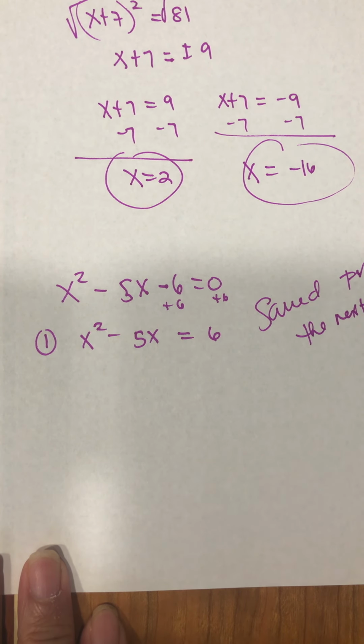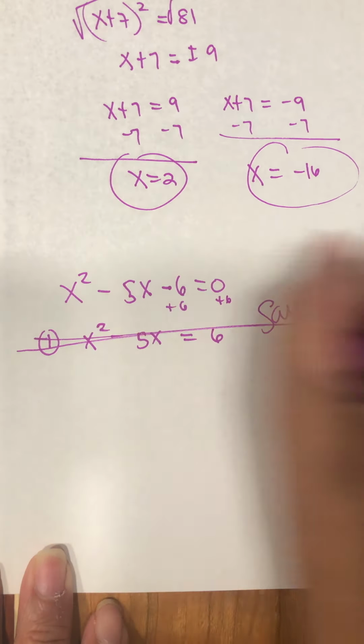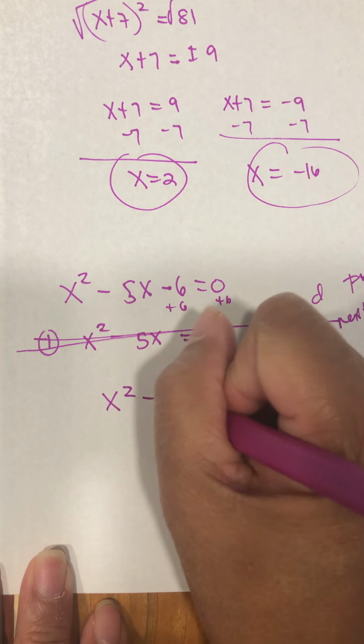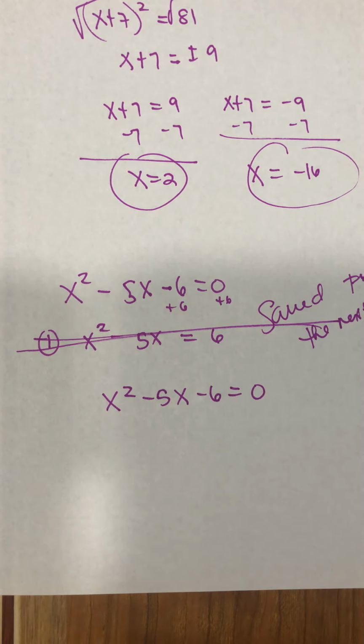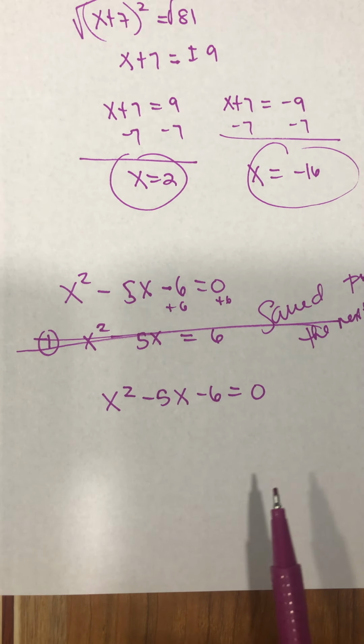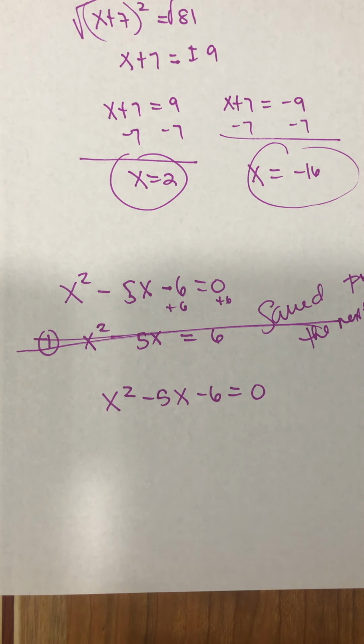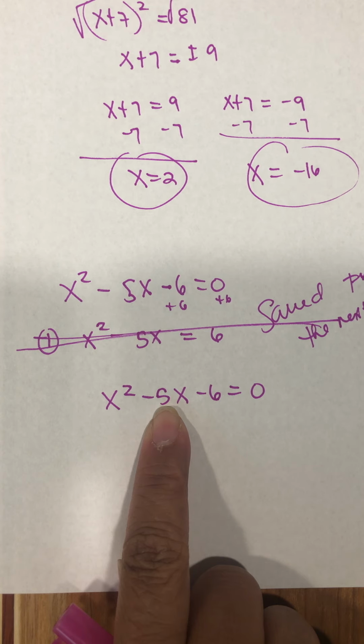Oh, wait. You know what? We can even use the first strategy on this case. Let's leave it as it is right here. x squared minus 5x plus 6. I want to make sure that we keep on doing our checklist. First checklist: can I do extracting square root? No, I have a middle term.